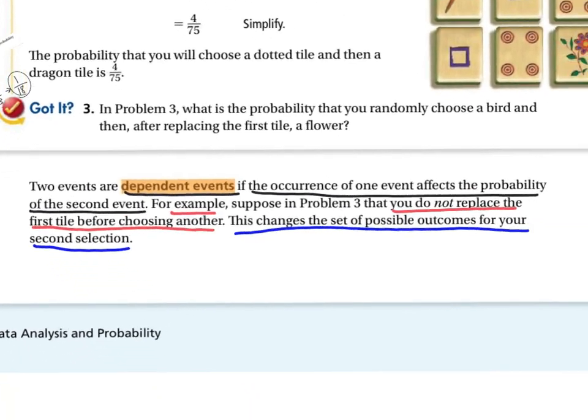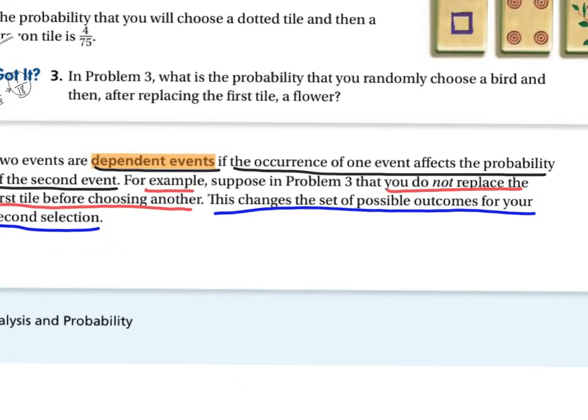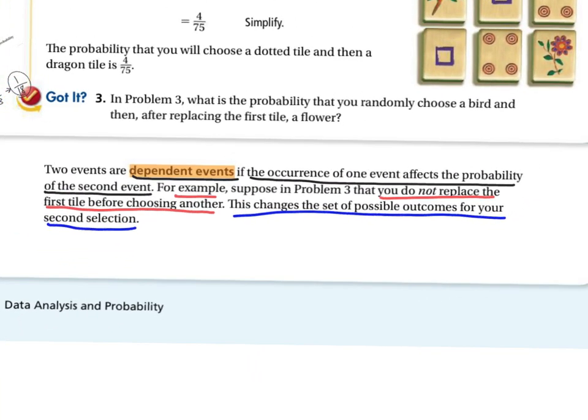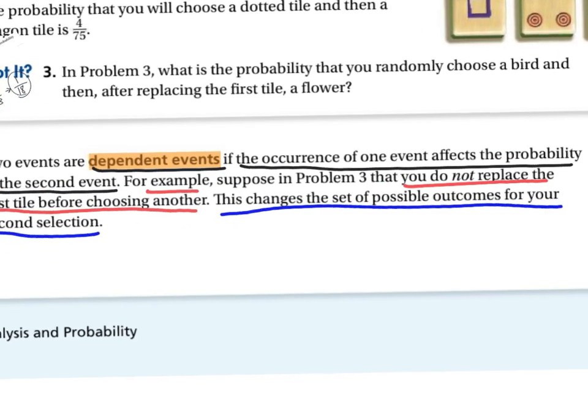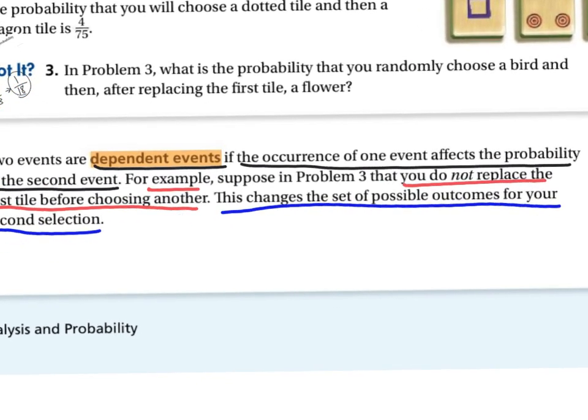So if you look at the got it, in problem 3, what's the probability you randomly choose a bird and then after replacing the first tile, a flower? So the chance of picking a bird, there are 2 birds out of 15.